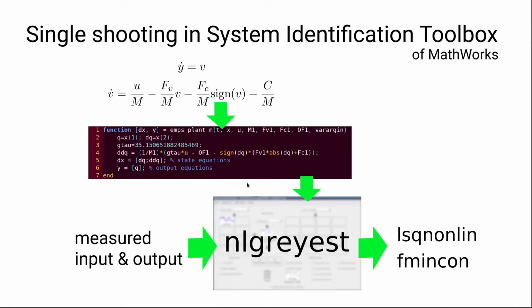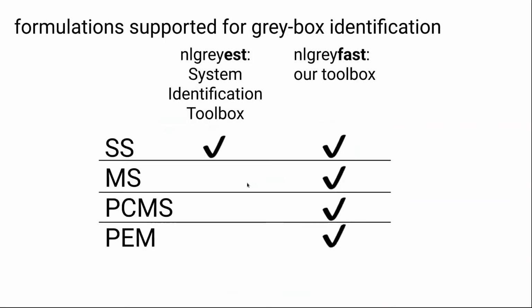With respect to single shooting, it's in the System Identification Toolbox in MATLAB, and to our understanding, MATLAB only supports that kind of formulation. So when you call the nlgreyest function, then that formulation is executed.